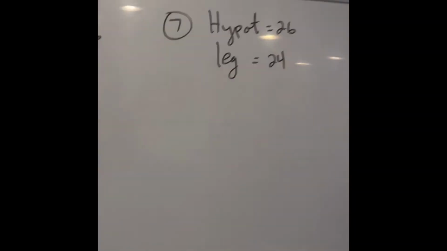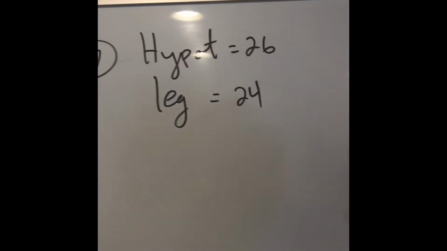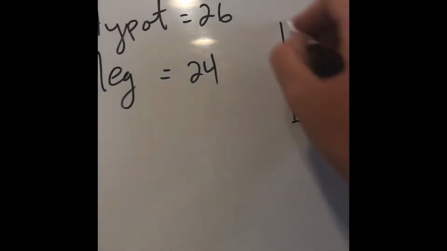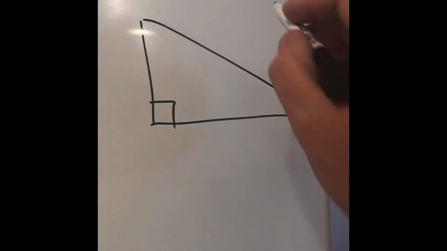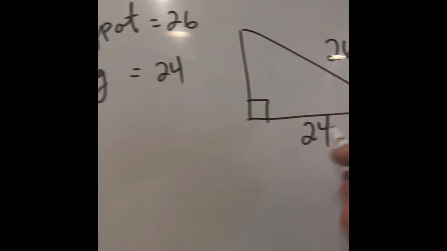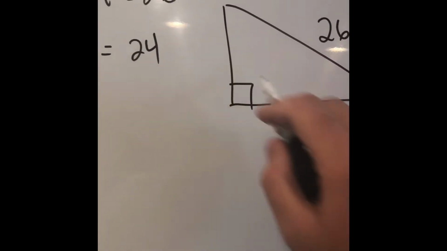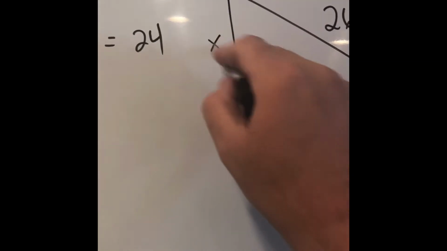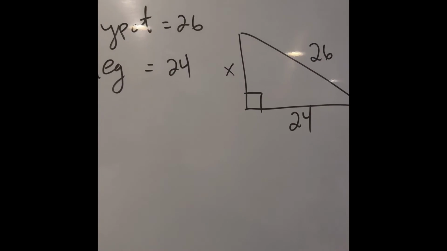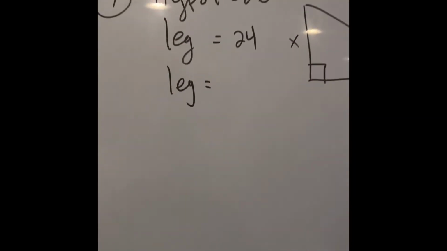Now for number 7, this is working a little different here. We have a right triangle, where the hypotenuse is 26 and one of the legs is 24. If you remember, in order to find the area of a right triangle, we actually have to multiply the 2 legs and then take half. Well, I don't have this other leg here, so I want to try to find that leg. There's a couple ways that we can do that.